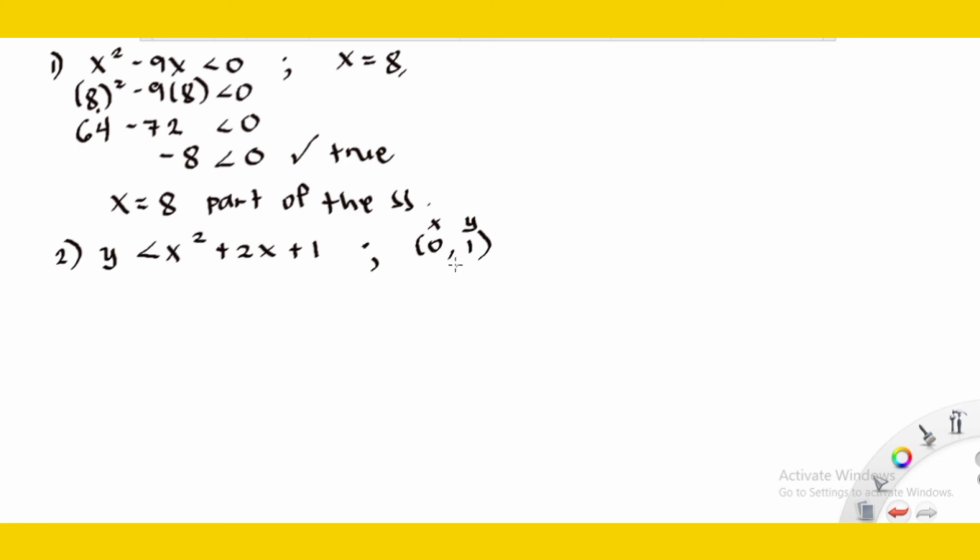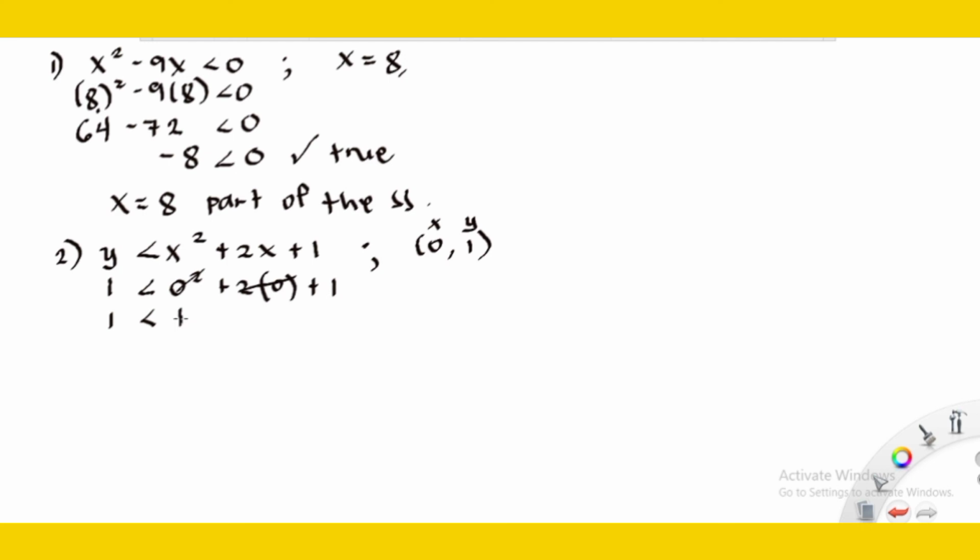Let us substitute this to our inequality. So we're going to have y is 1. So we write 1 is less than x, our x is 0. 0 squared plus 2 times, again, x is 0. Copy plus 1. Solve. Is 1 less than this? This is 0 already. And then plus 2 times 0, this is 0 also.